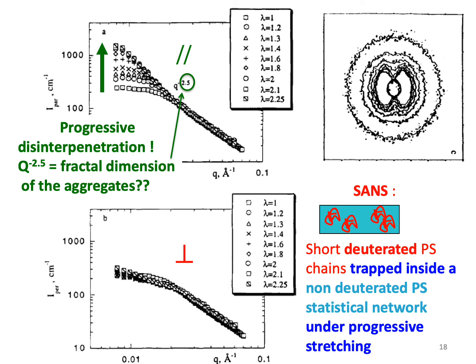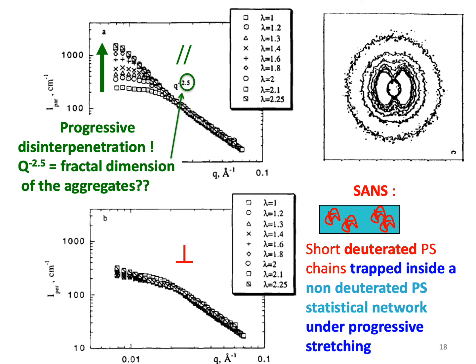So owing to the contrast, you get the butterfly figure on the right-hand side above. Meanwhile, on the left-hand side, on the bottom, you see the scattering in the perpendicular direction, which is not affected very much by the deformation, probably because the heterogeneities cannot interpenetrate more than they are.